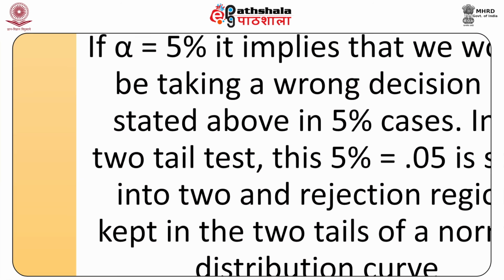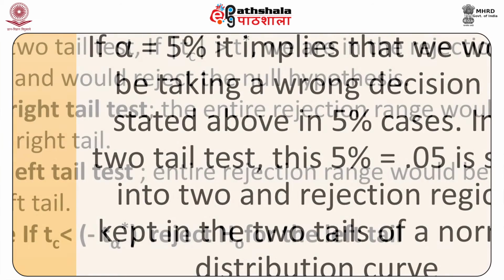If alpha is equal to 5%, it implies that we would be taking a wrong decision as stated above in 5% of cases. In a two-tailed test, this 5%, equal to 0.05, is split into two and the rejection region is kept in the two tails of a normal distribution curve.